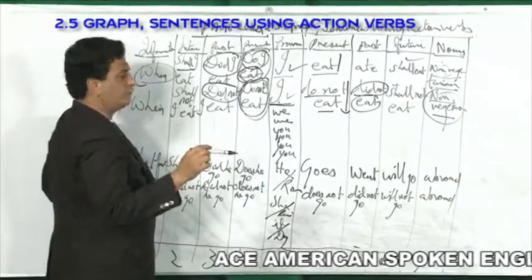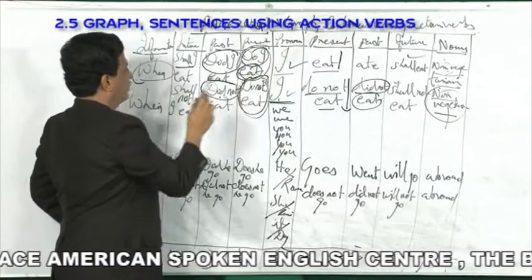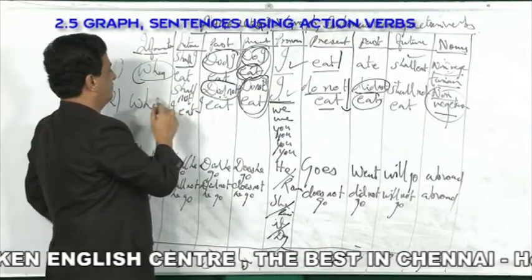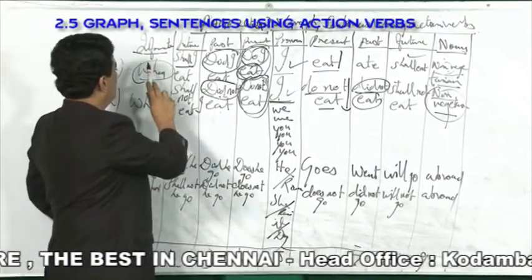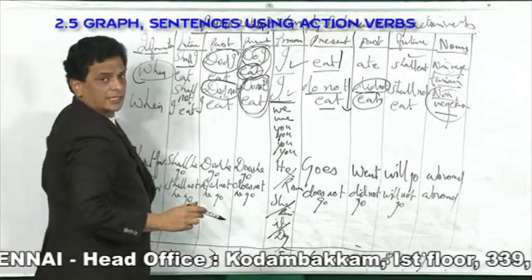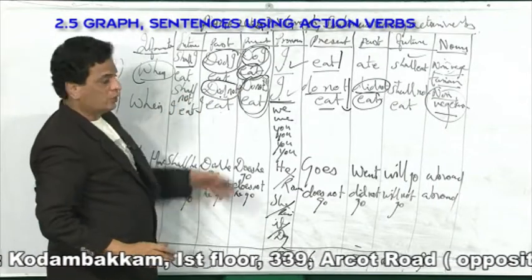In the past tense information you want to go: when did I eat non-vegetarian? 1 plus 3 plus 9. In the second row, question: when didn't I eat non-vegetarian? For future: when shall I eat non-vegetarian? 1 plus 2 plus 9. And future question: when shall not I eat non-vegetarian? Hope you are able to understand.